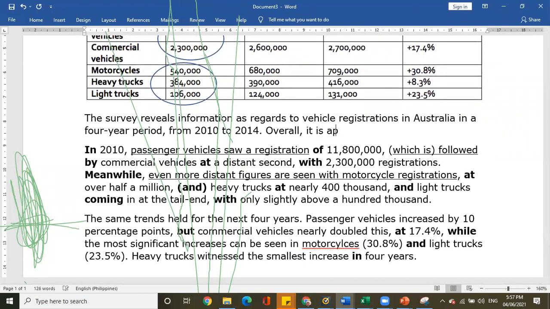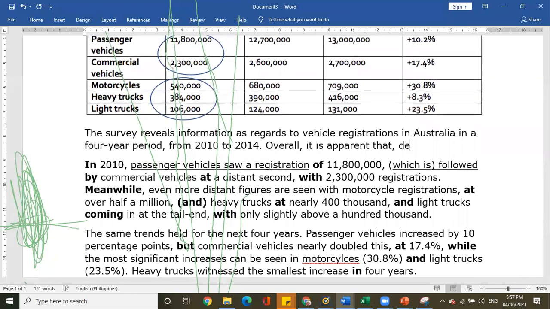Overall, it is apparent that, I will now inject an adjunct. Okay.